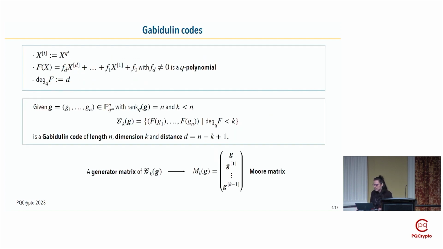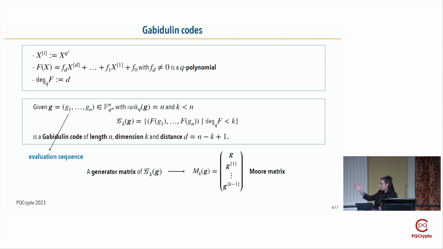Gabidulin codes are obtained by considering q-polynomials or linearized polynomials. In particular, a q-polynomial of q-degree d is a linear combination of the so-called q-monomials, which are obtained in this way, just considering the q-powers of monomials. And Gabidulin codes are just obtained by evaluating q-polynomials of bounded degrees at the components of a vector, which is called the evaluation sequence.